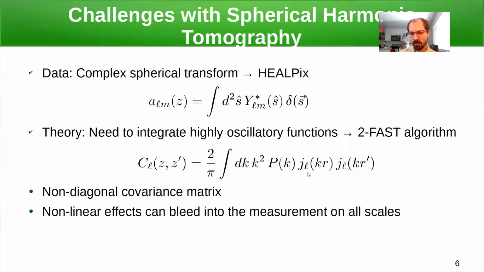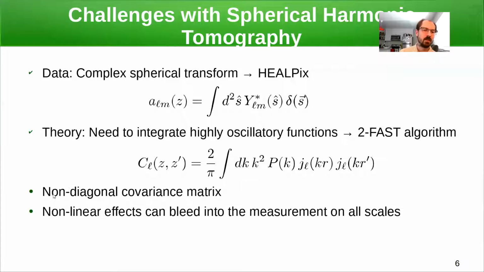These spherical Bessel functions, especially for large l, become extremely oscillatory in a very non-straightforward fashion. And so it has been rather difficult to do this, but I'm going to show you today the TwoFAST algorithm, which is designed to solve exactly these kinds of integrals.